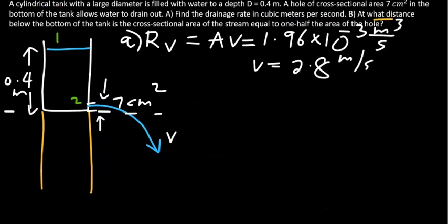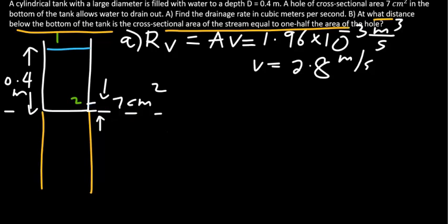At what distance below the bottom of the tank is the cross-sectional area of the stream equal to 1/2 the area of the hole? So let's concentrate on what's happening at the hole. The water is rushing out, and that is the cross-sectional area that we are interested in. So it's rushing out with speed v, 2.8 meter per second.